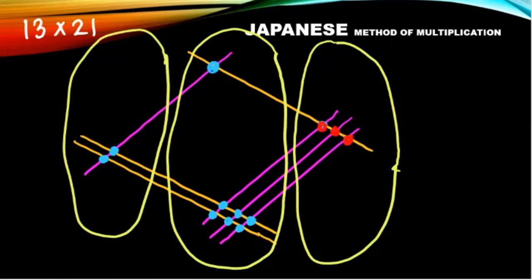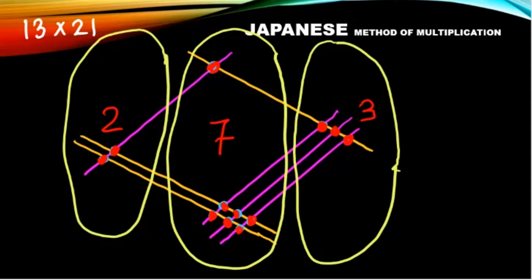So 1, 2 and 3. So 3 cross points we got in the first zone from right side to left side. In the second one we got all the cross points, if we count, total are 7. So we will write down 7 in the second zone, and in the third zone we got only 2 cross points.